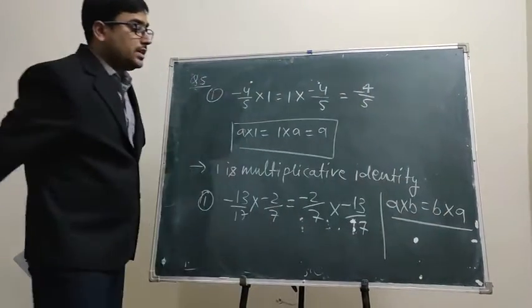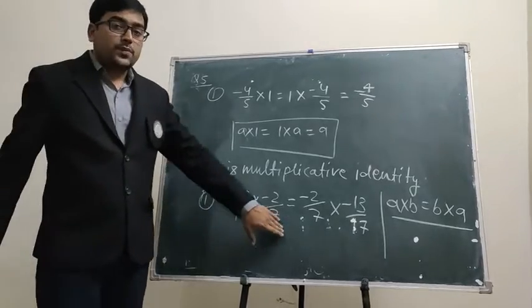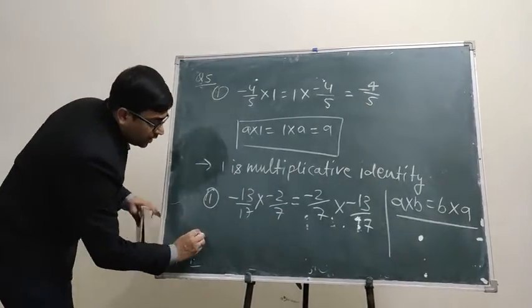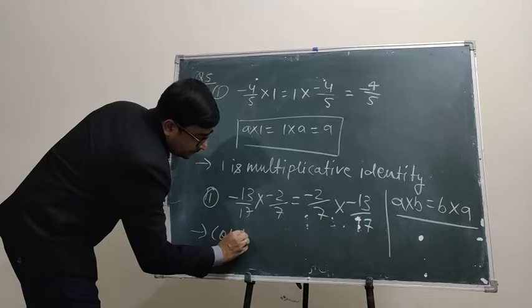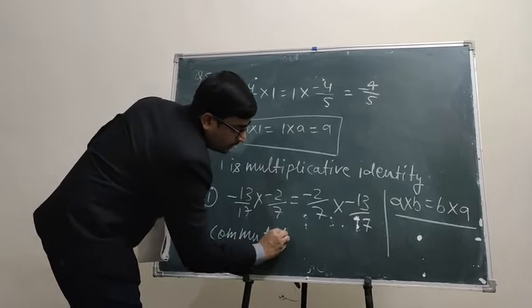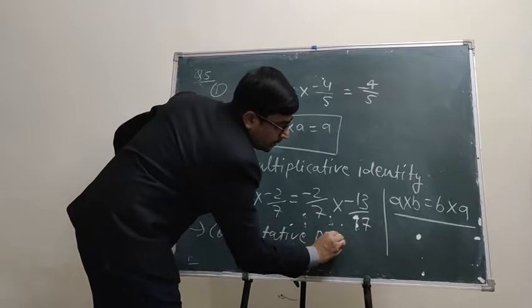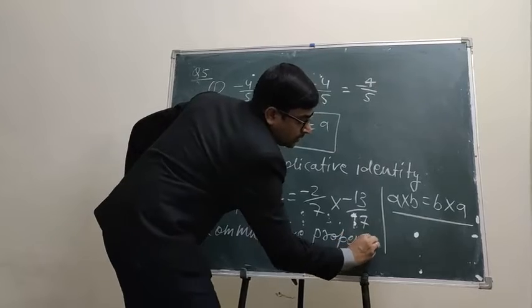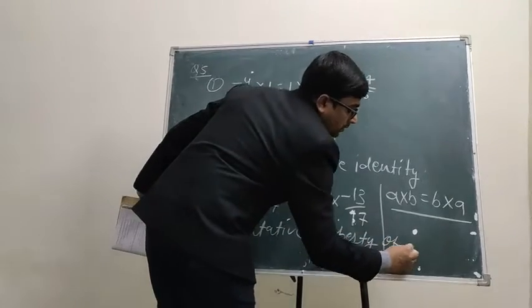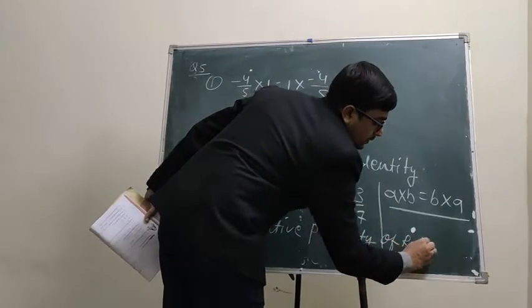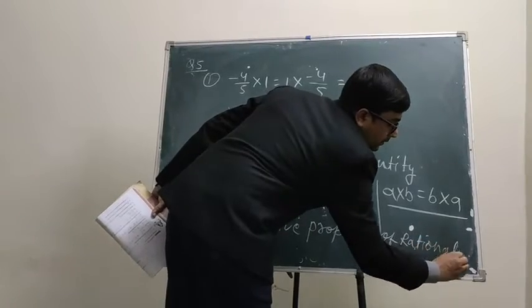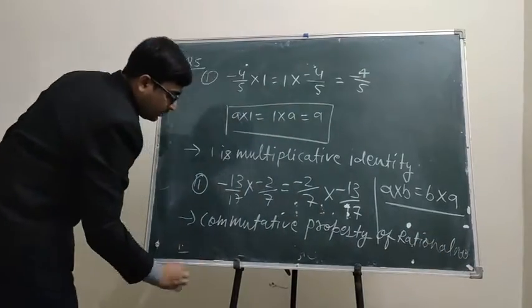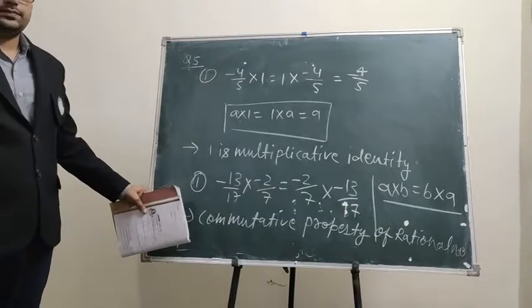Which property is this? Commutative property. Commutative property of rational numbers under multiplication.